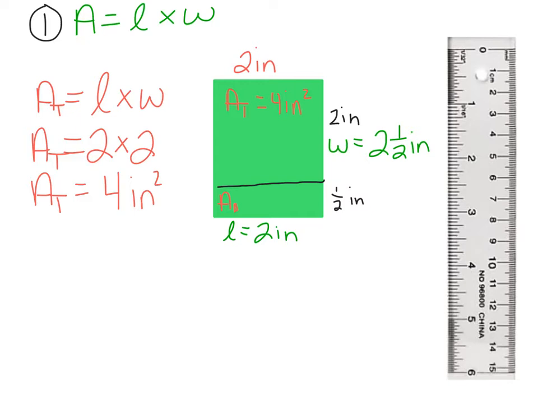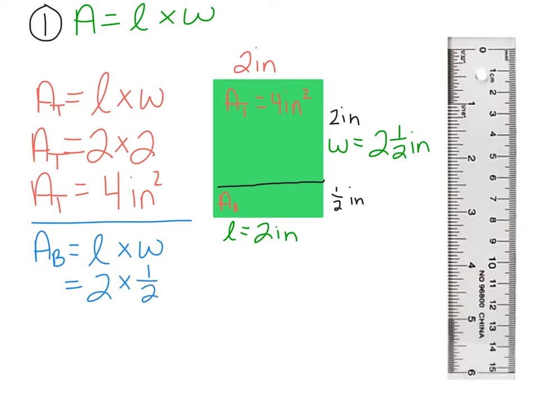Now I need to find the area of the bottom section. Separate, so we're going to say area of the bottom. Let's look at what we got. We have the length of 2, and the width of 1/2 this time. So we have length times width: 2 times 1/2.